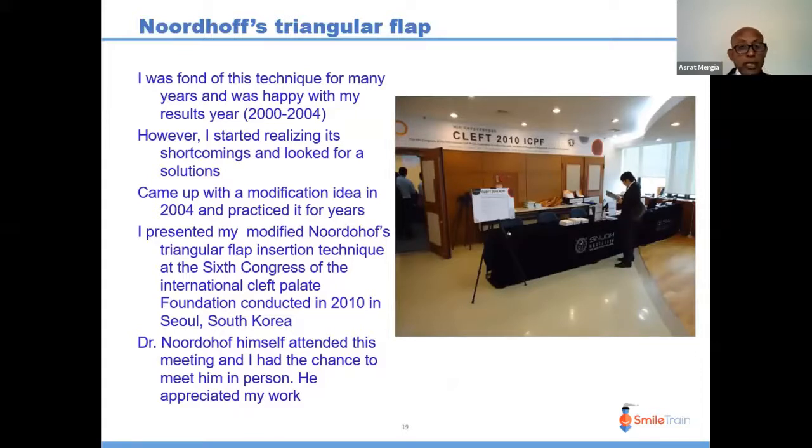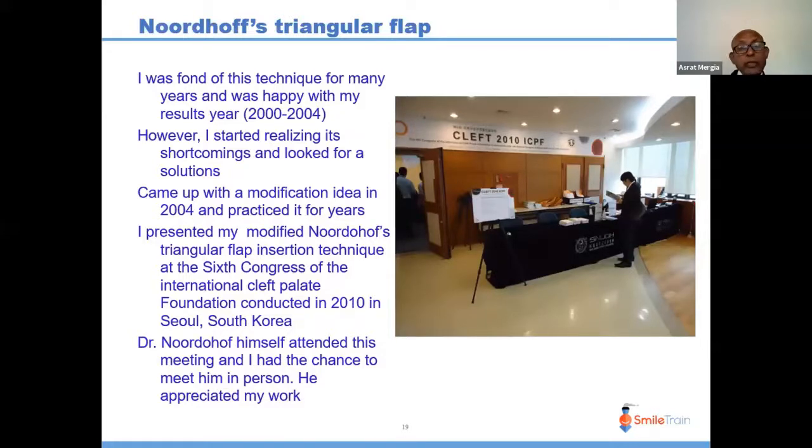I presented my modification also in 2008 at the World Craniofacial Conference in Dallas, Texas, and again in 2008 at Chang Gung International Forum in Taipei. And in 2009, I presented my modification at the 11th International Congress on Cleft Lip in Fortaleza, Brazil.